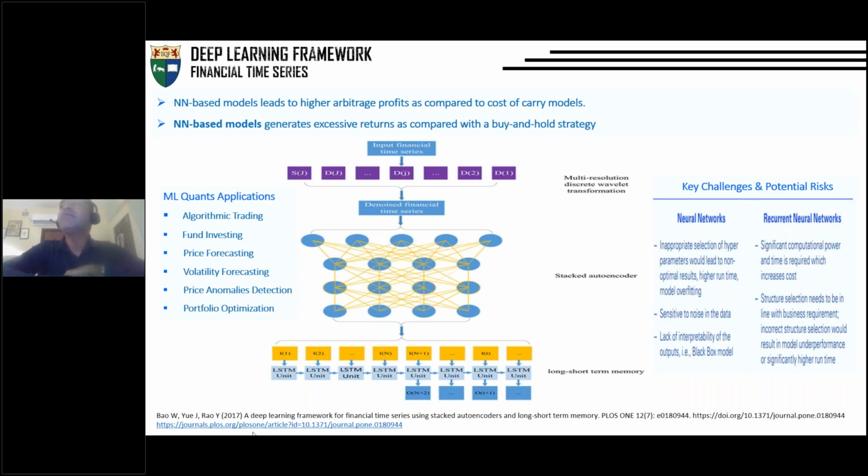What is the sensitivity of those estimated parameters to the noisiness in data, or the high dimensionality of the data, or the model hyperparameters? What is the sensitivity of the estimated parameters to these different issues which could change the parameter estimation, right? So these are general pitfalls of neural networks.